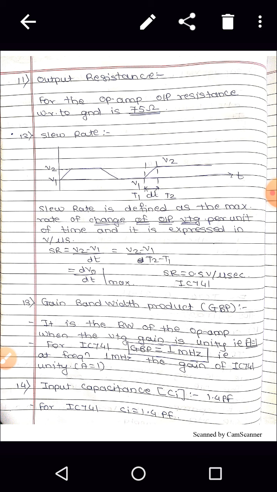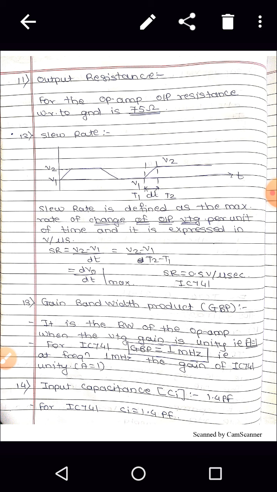Next characteristic, gain bandwidth product. It is the bandwidth of the op-amp when the voltage gain is unity, that is, capital A is equal to 1. For IC741, gain bandwidth product, GBP, is equal to 1 megahertz.